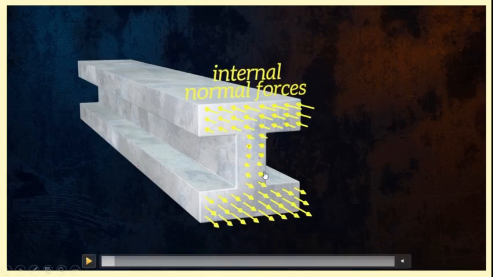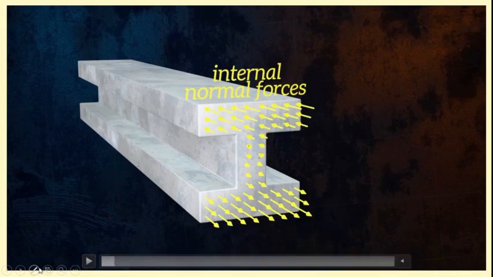If we consider a mid plane here as the neutral plane, then above the neutral plane at this section compression acts, and below the neutral axis or neutral plane, tension acts.